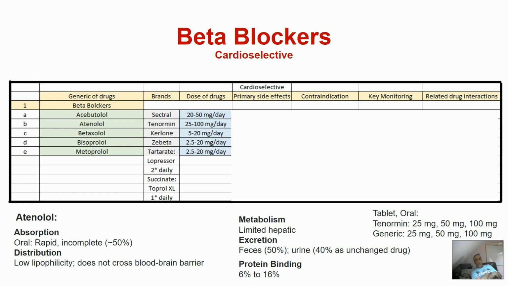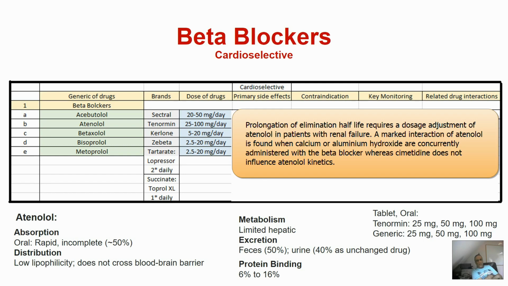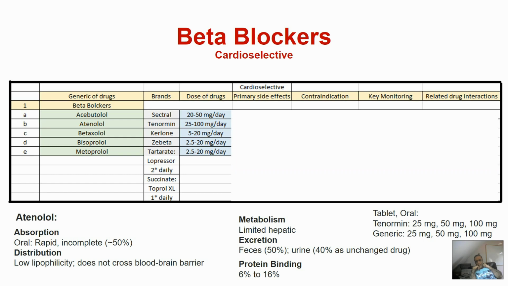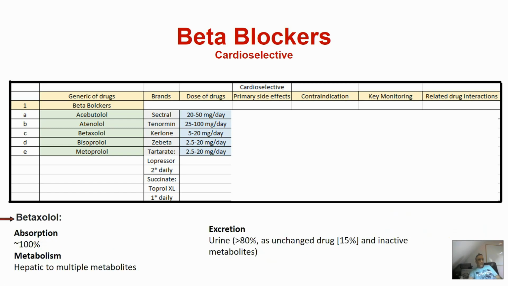It has limited hepatic metabolism, and for excretion 50% is excreted in the feces because of non-absorption, and in the urine we can find 40% as unchanged drug. Protein binding is very low, around 6 to 16%. As I mentioned, the brand is Tenormin, and we have 25 milligram, 50, and 100 milligram, and in generic we can also find these amounts.